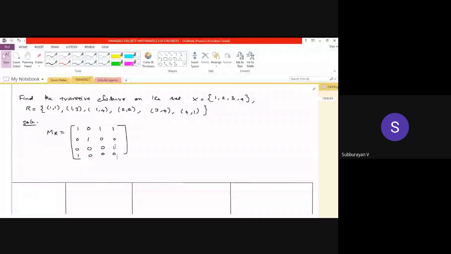Collect these indices, 1, 3, 4. Then make the combinations: (1,1), (1,3), (1,4), and (4,1), (4,3), (4,4). These are the locations of matrix entries. In these places, if 1 is there, leave it. If 0 is there, you just make it 1. This is Warshall's algorithm.